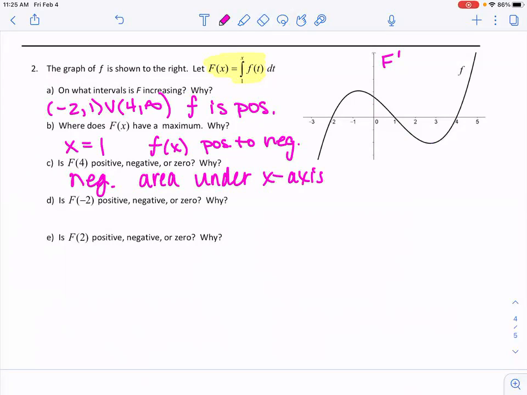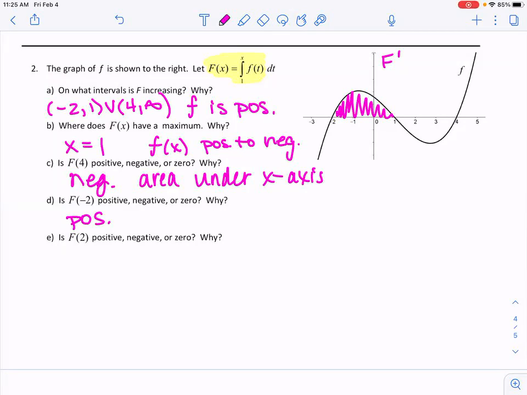How about f of negative 2? Corinne, what did you say about that? And why did you say it was positive? From 1 to negative 2, that seems a little backwards to me.